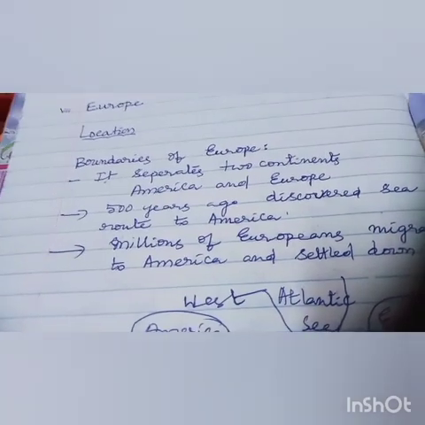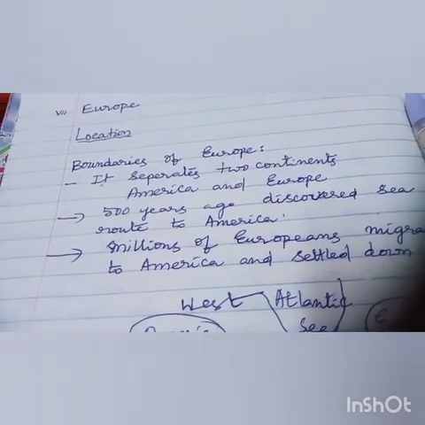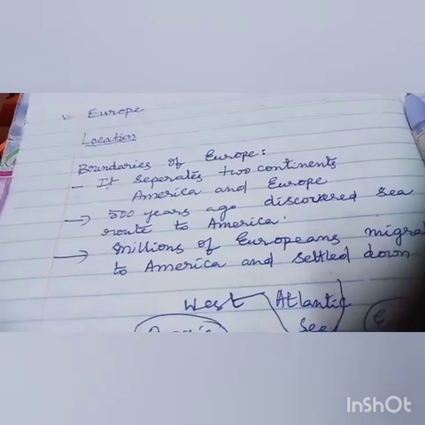So if we observe here, this is an old map.